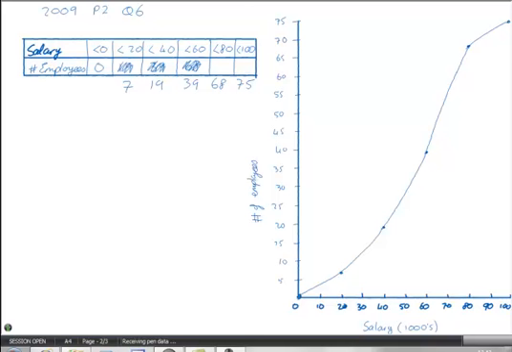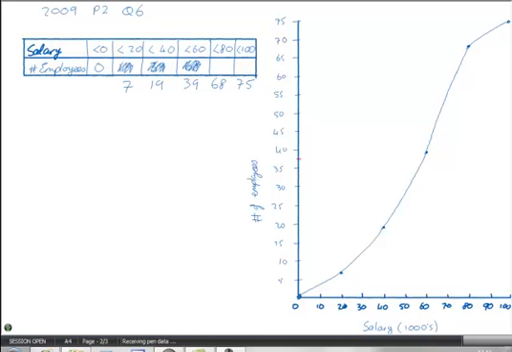Okay, so you're going to have to start answering a couple of questions. The first thing you're asked to do is calculate the median. So for the median, you look along the vertical axis, which goes from 0 to 75. You'll half that, and that's 37.5. So go to 37.5 on that axis, which is just here.